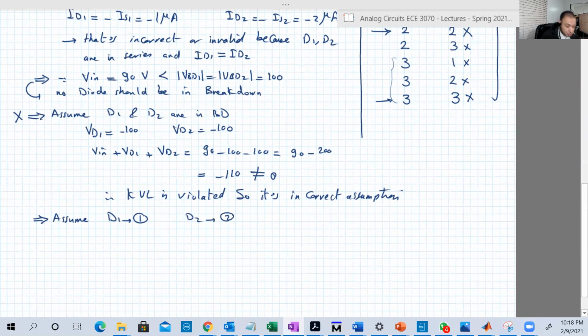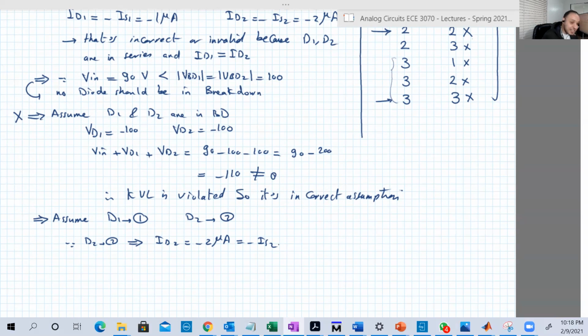If D2 is in region 2, then ID2 equals minus IS2, minus 2 microamperes. And that's problematic. Let's see why.